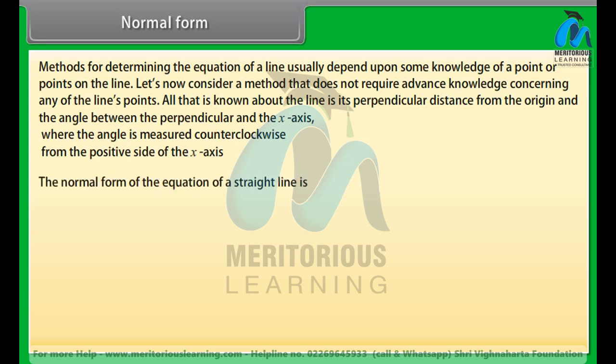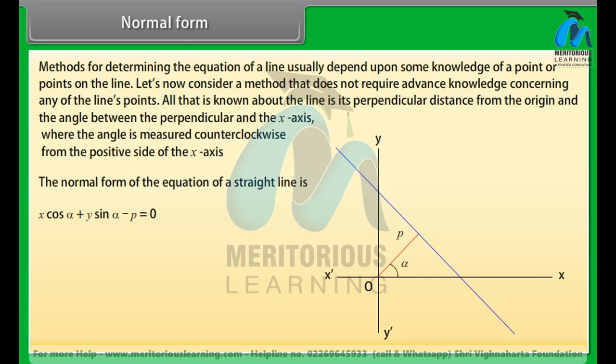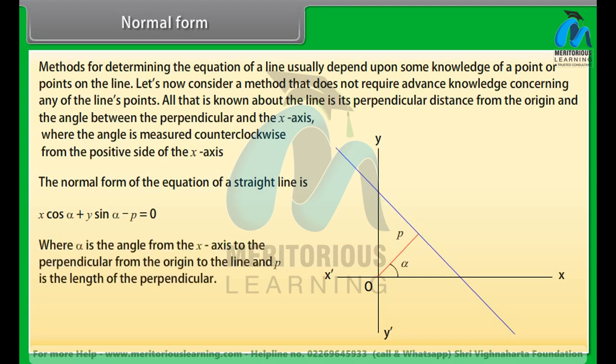The normal form of the equation of a straight line is x cos α + y sin α − p = 0, where α is the angle from the x-axis to the perpendicular from the origin to the line and p is the length of the perpendicular.